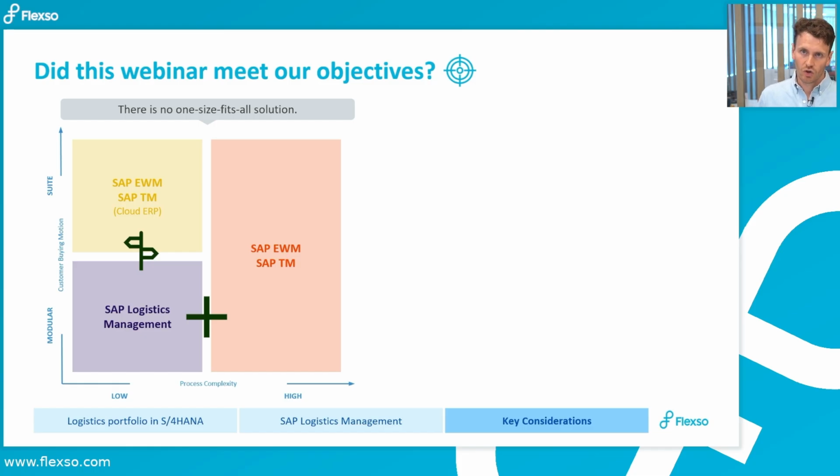If you have low logistics needs, and you're a small SME company implementing an ERP solution, you might see a fit in your total ERP package with Cloud ERP. Know that in Cloud ERP you have embedded logistics, warehousing and transportation, and for that particular use case, whether to keep on using reduced versions of EWM or TM, or go to logistics management, well, that's up to you.